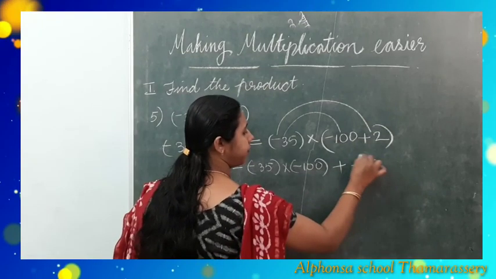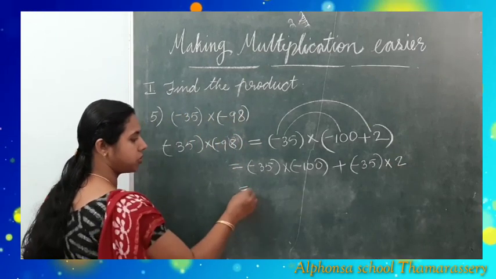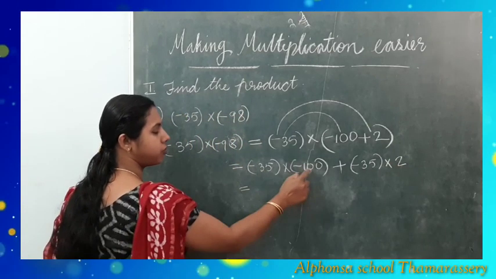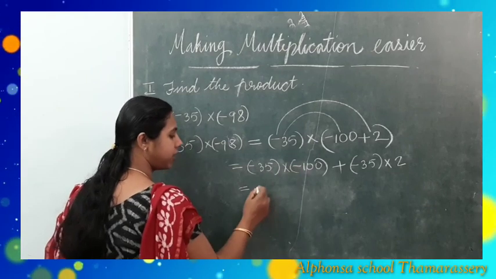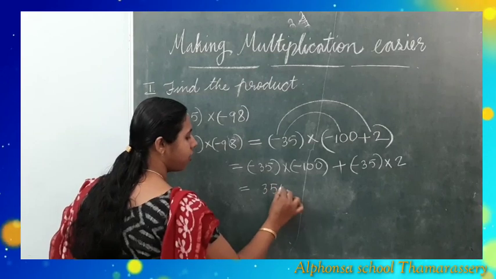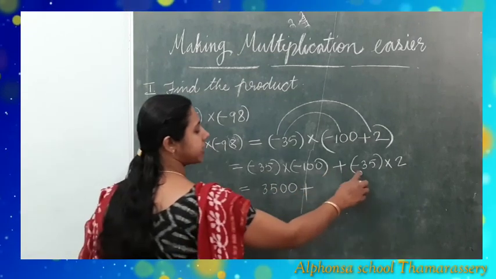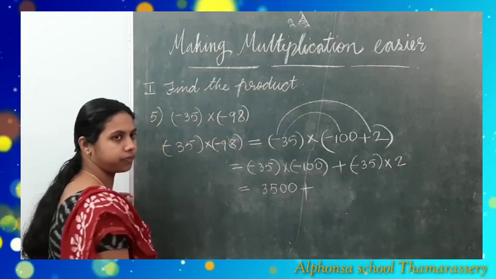Minus 35 into minus 100: negative into negative is positive, 35 into 100 is 3500. Plus minus 35 into 2.